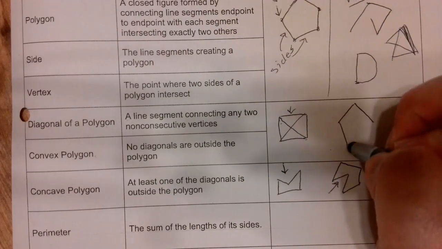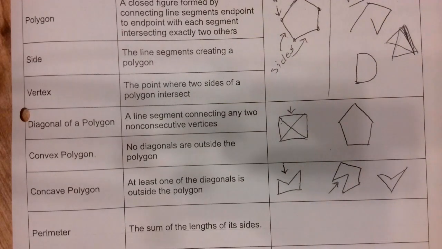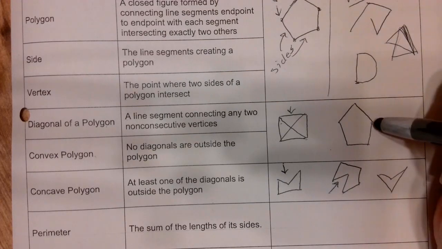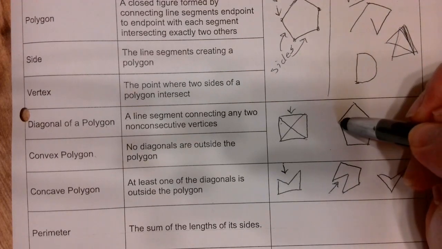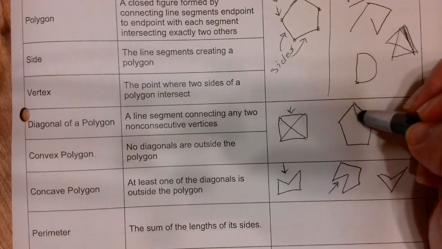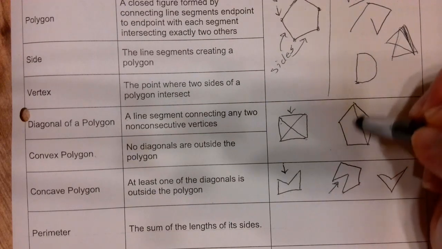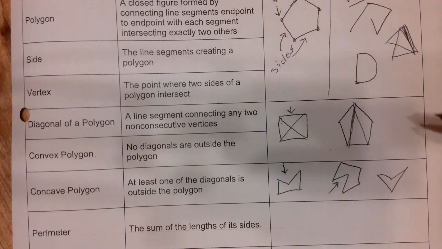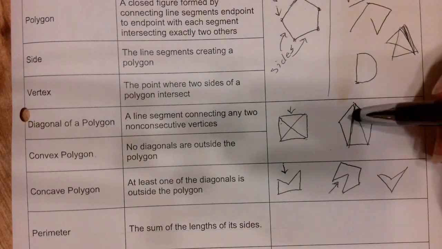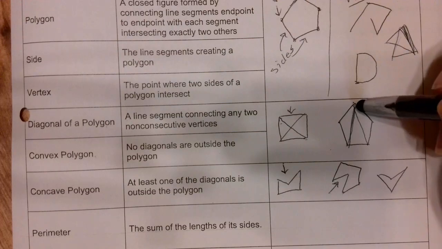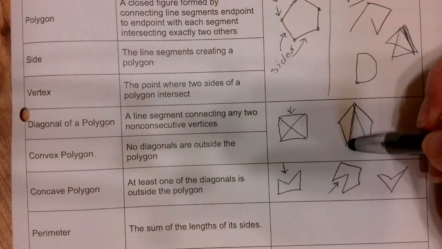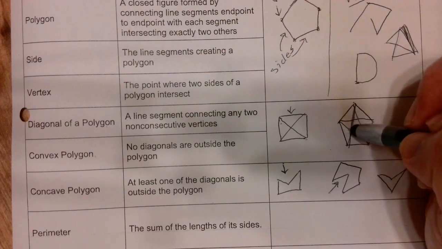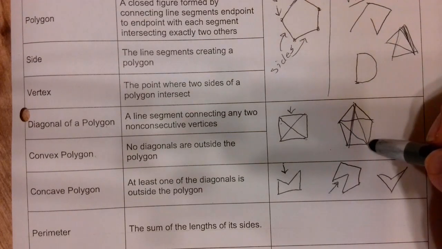For a pentagon, which ones are not already connected? Well, the top is already connected to the right, the top is already connected to the left, but it's not connected to the bottom right, and it's not connected to the bottom left. So those are 2 diagonals. Let's see here. The left one is already connected to the top. It's already connected to the bottom. It's not connected to the right side, and it's not connected to the bottom right.